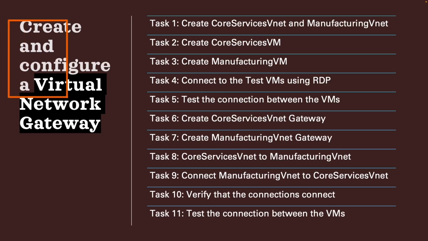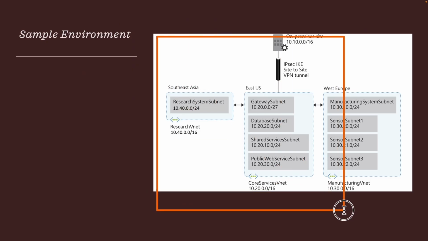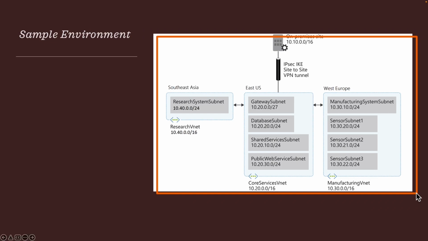The first exercise we are going to do is to create and configure a virtual network gateway. Our sample environment looks something like this. The first step is we are going to create these two VNets, core services VNet and manufacturing VNet. And we're going to create two VMs and place them in both of these subnets.